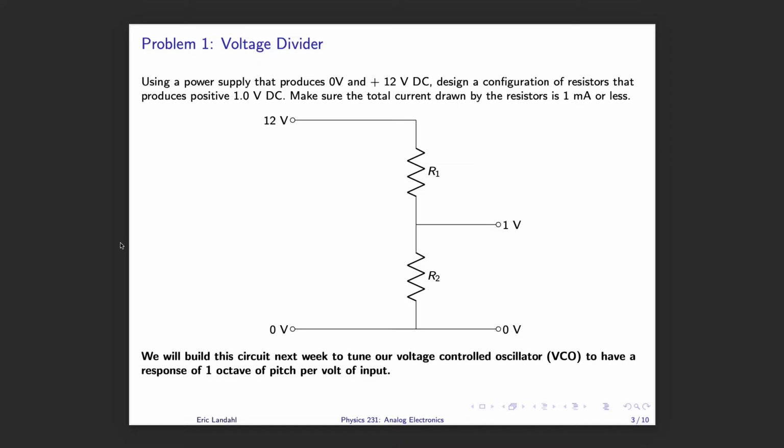So for instance, if we tuned 220 hertz to 0 volts, we would want 1 volt to be 1 octave higher, or 440 hertz, 2 volts to be 880 hertz, and so forth, as we moved from 1 octave below middle A to 1 octave above middle A. And we'd want to keep that regardless of temperature and other changes in our system. Right? So this is actually the beginning of a tuning circuit, which we're going to need next week.